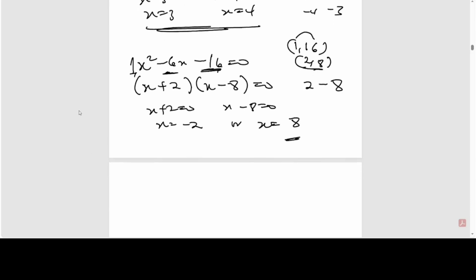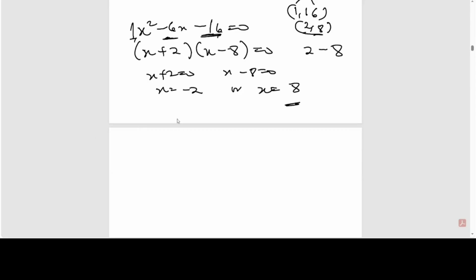Sometimes, for instance, you have a quadratic equation where, let's say, you have x squared plus 3x minus 5. You find the factors of 5, and they are 1 and 5, a prime number. You can't combine them to get 3.